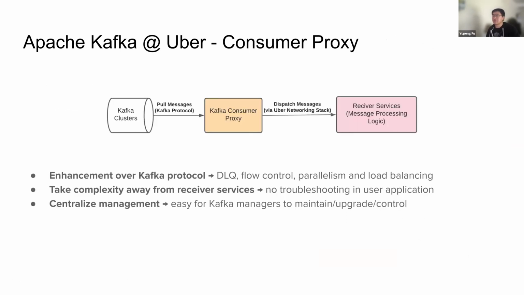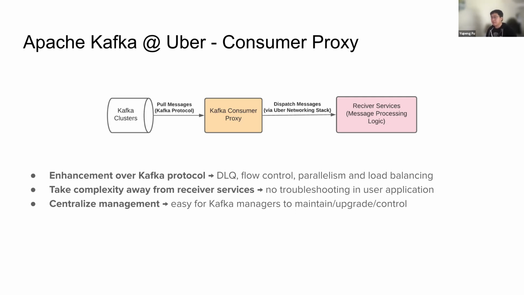Another innovation from the Kafka platform is called consumer proxy. This is also a pretty nice innovation because it addresses important scaling challenges. With hundreds and thousands of clients and applications at Uber, it's common and challenging to do the debugging for the applications and users.